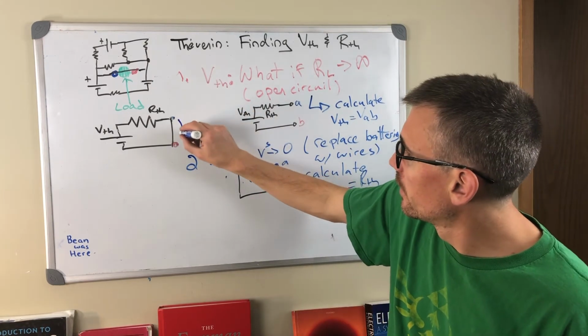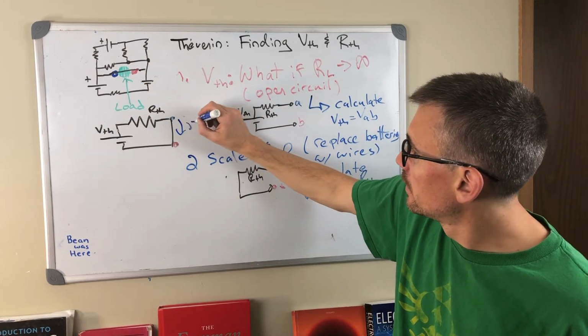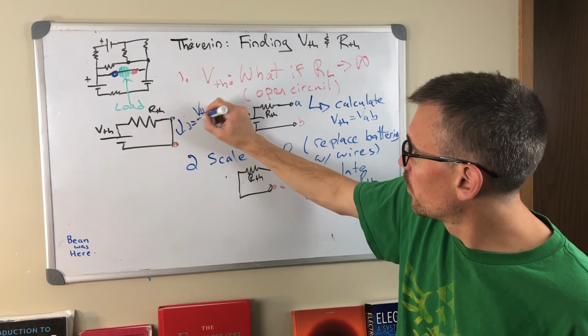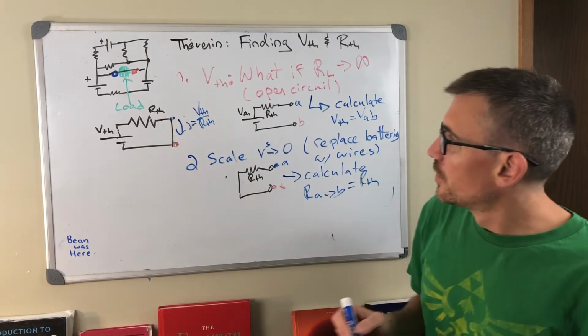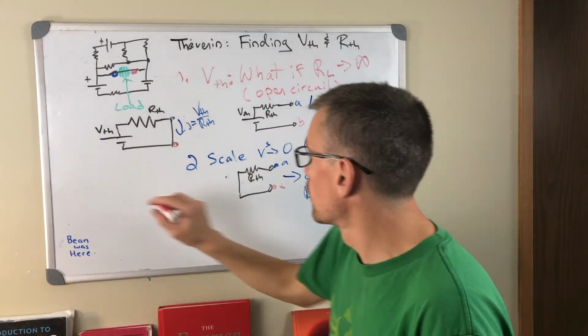The current that I measure in my wire is V-Thevenin over R-Thevenin. So we'll call this part 3, or option 3.